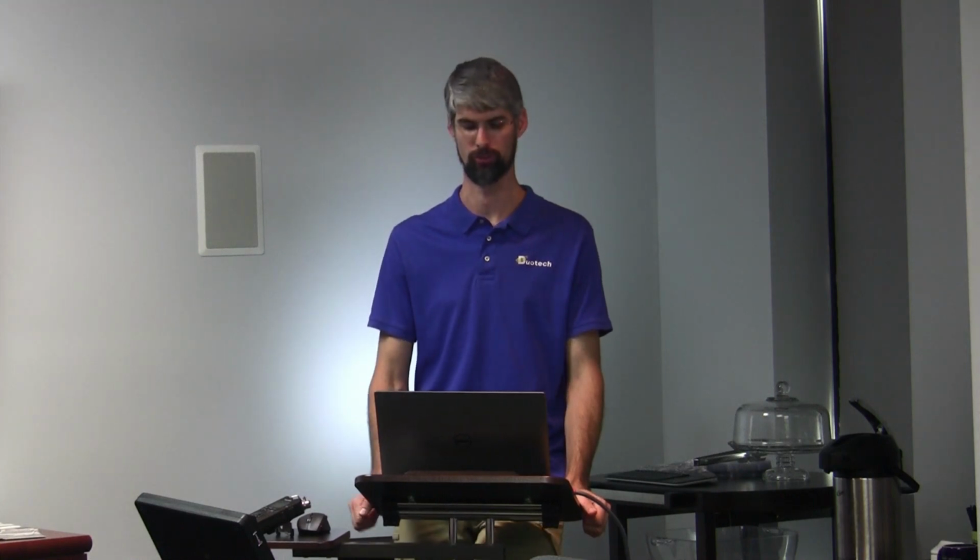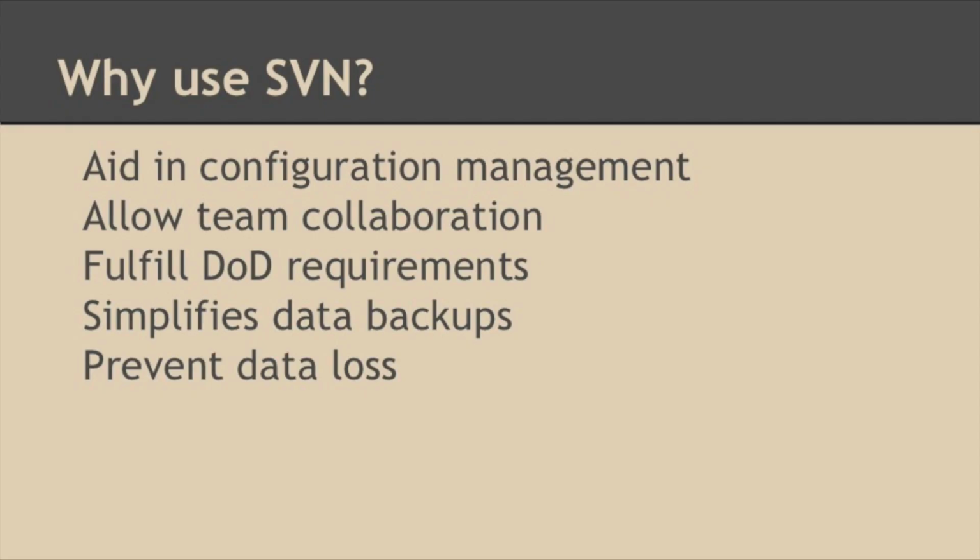But if everybody's computer is just referencing the central storage, the central version control system, then I just need to back up the version control system, and I have backups of all the data that's stored in the version control system. And that prevents data loss from local machines and also just inadvertent changes.